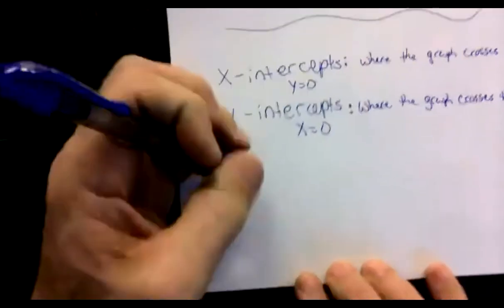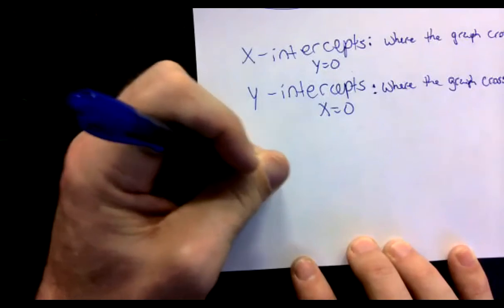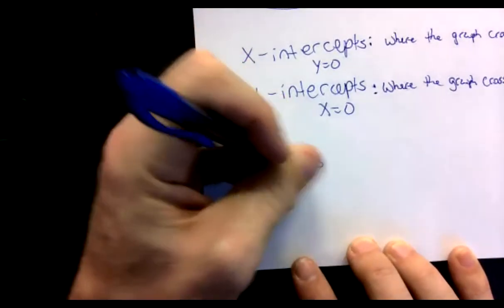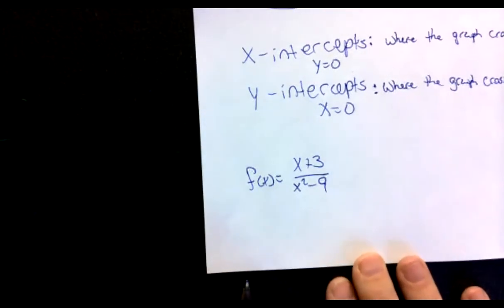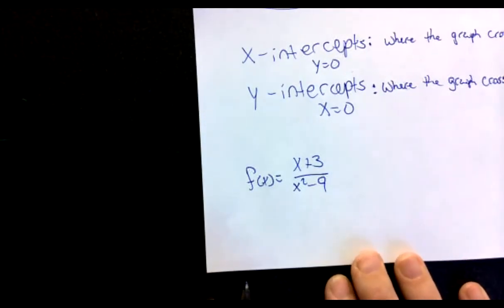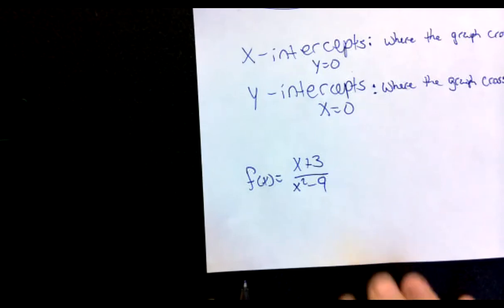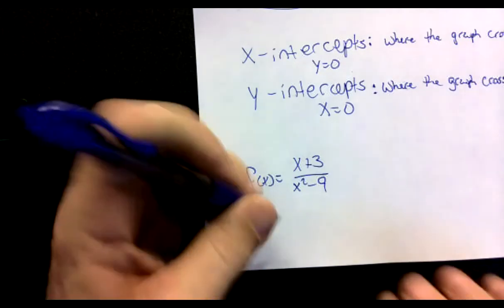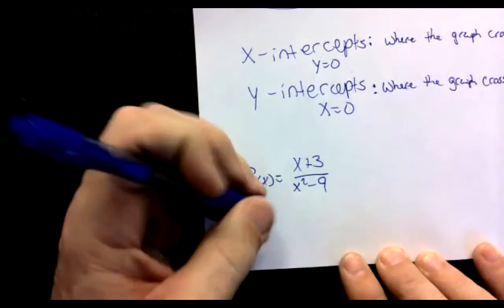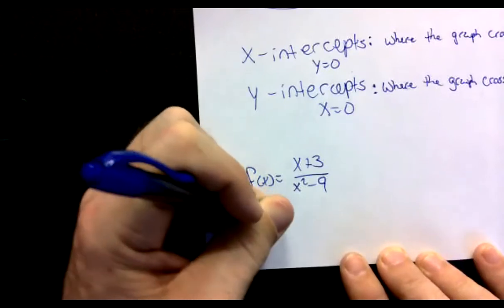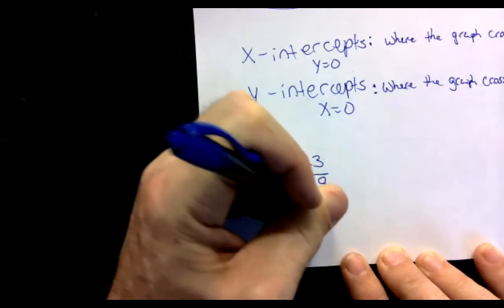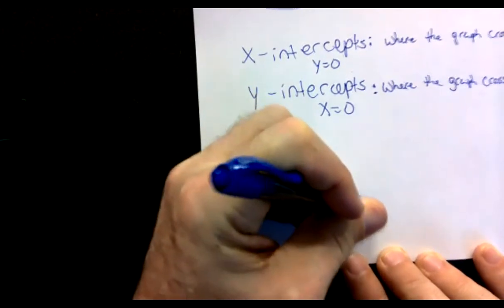Okay, so if they gave us a function, x plus 3 over x squared minus 9, and if they asked us what is your x-intercept?